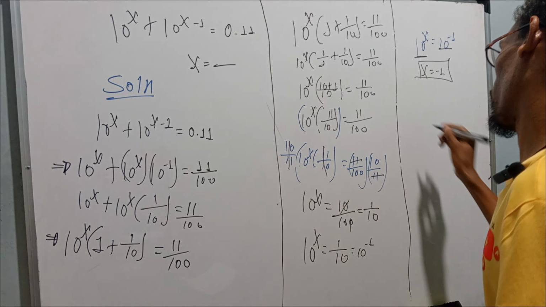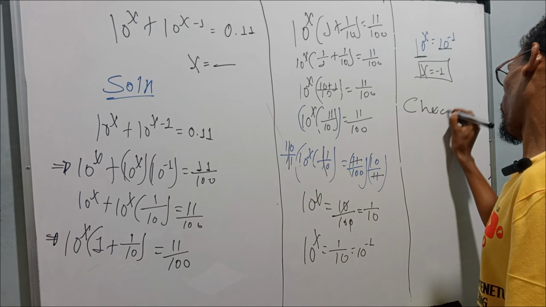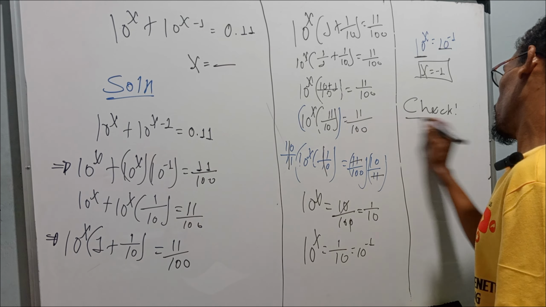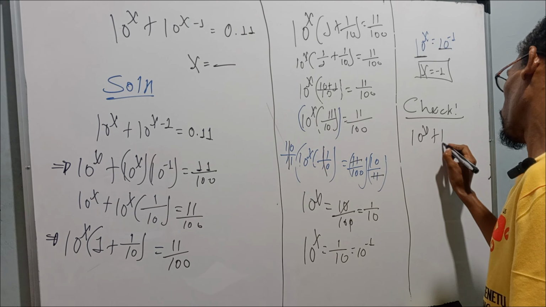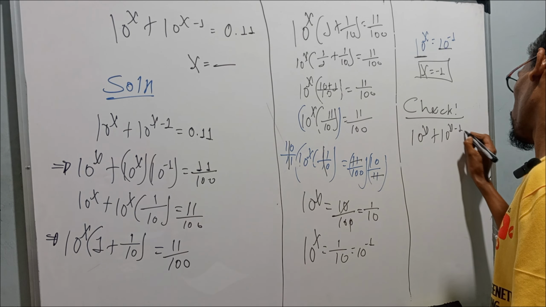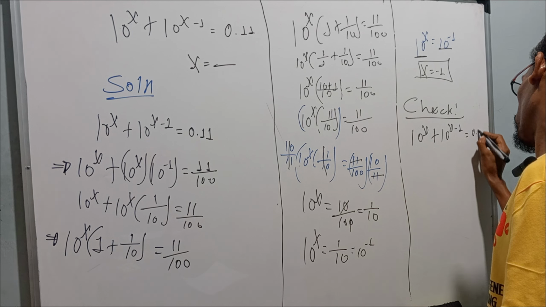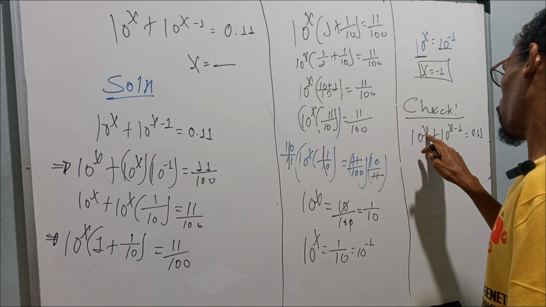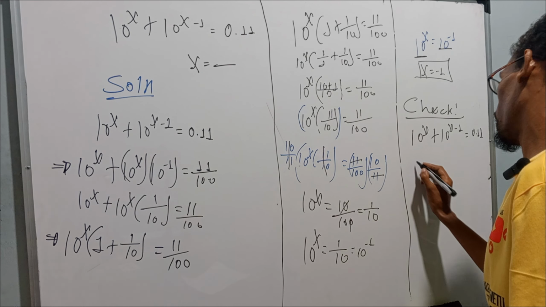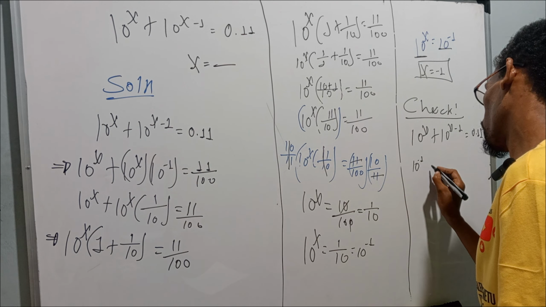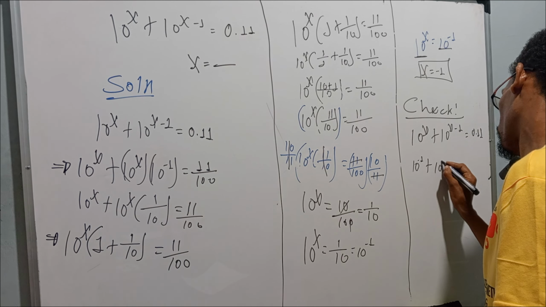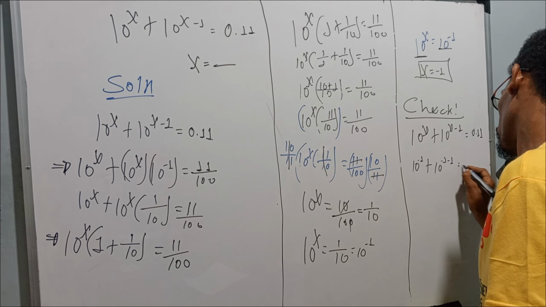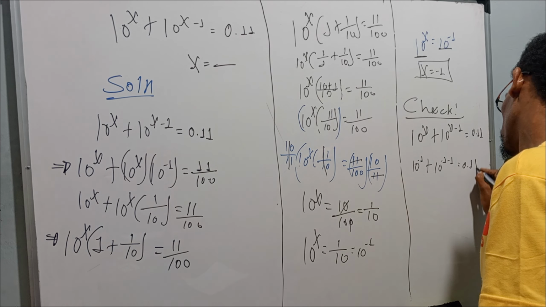Let's check it. That means, let's say 10 to the power of x plus 10 to the power of x minus 1, which is equal to 0.11. Substitute x with negative 1. That means 10 to the power of minus 1 plus here is again 10 to the power of minus 2, which is equal to 0.11.